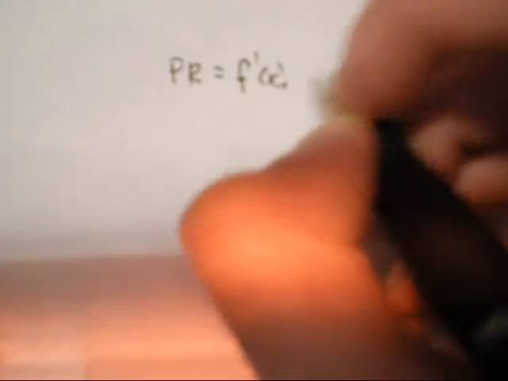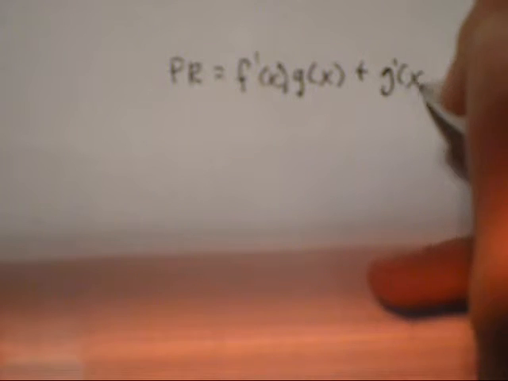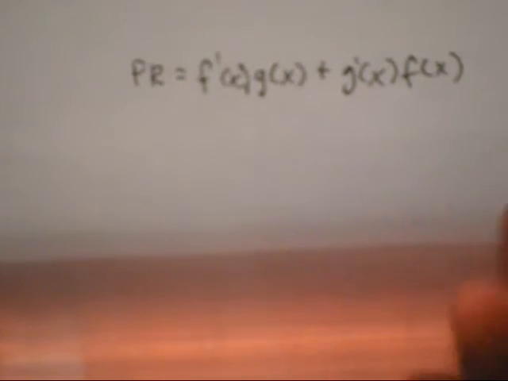So let's repeat the product rule again. Product rule equals f prime x g of x plus g prime x f of x.